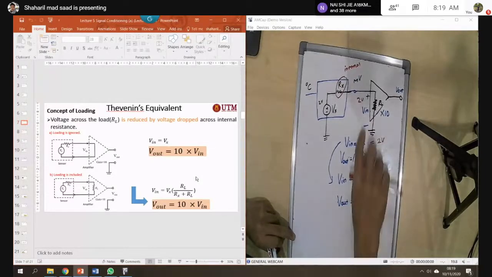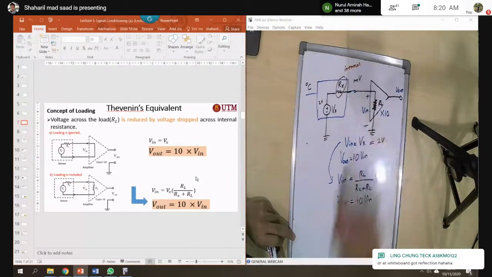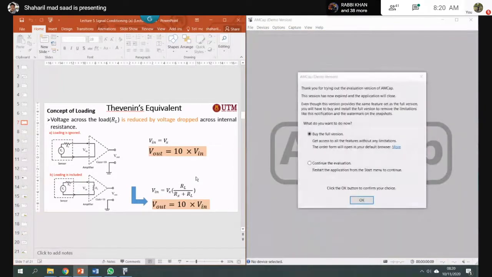And when you include the loading, your V in is not 2 volt anymore, because it will drop here. So you will get something like 1.5 volt. So the output is just 10 times 1.5 volt.